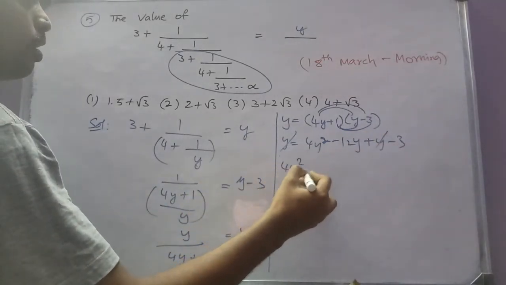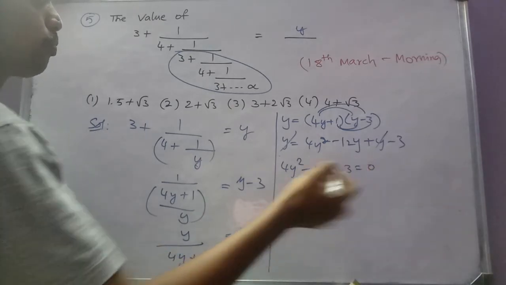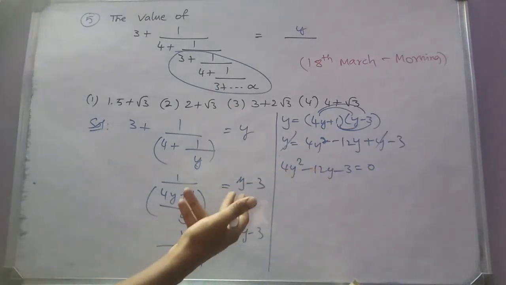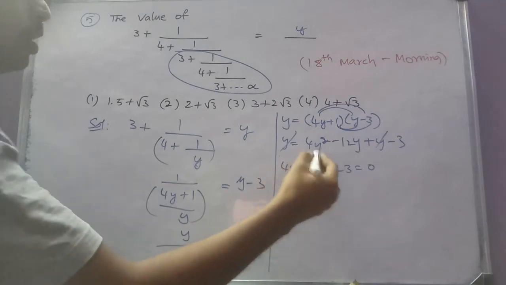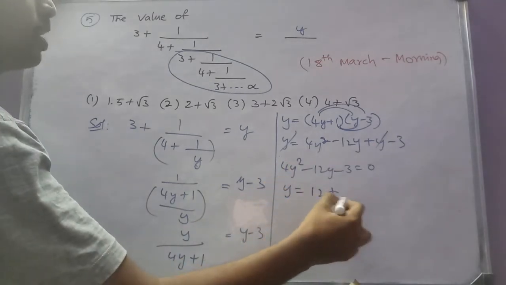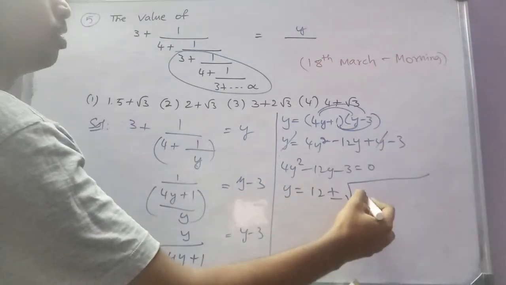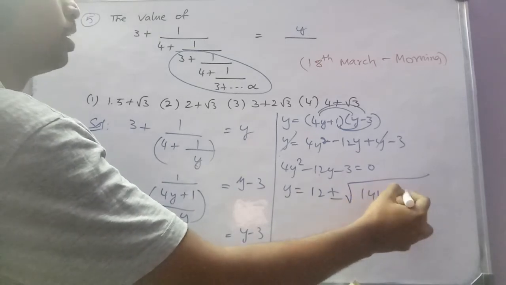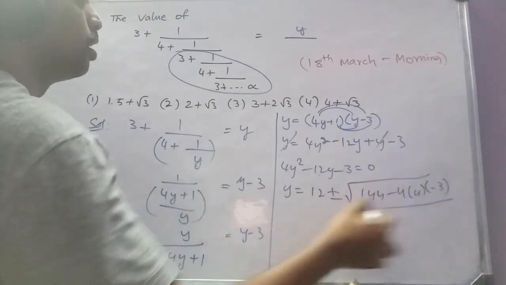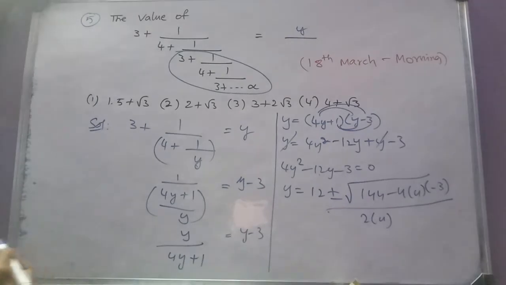So you got a quadratic equation which cannot be factorized. So let us use the quadratic formula: minus b plus or minus root over b square minus 4 into a into c, divided by 2a. You get your answer.